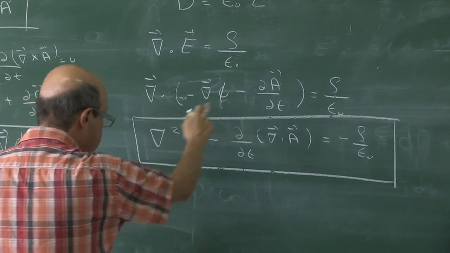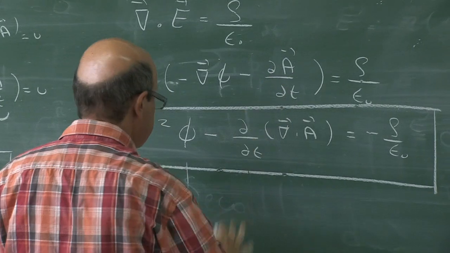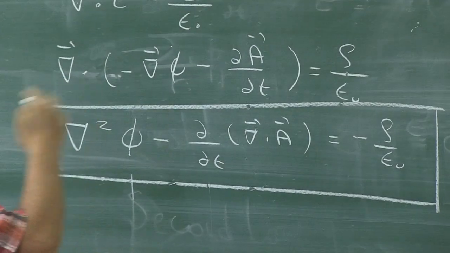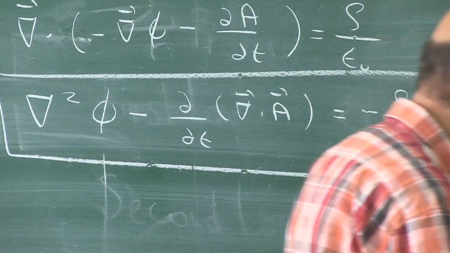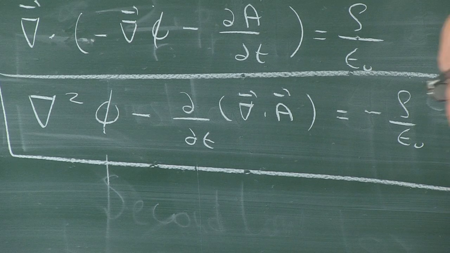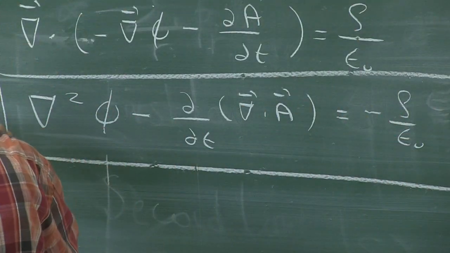This is the divergence of del A over del T, but del over del T and the divergence commute with each other. You obtain this. So let us keep this equation, maybe call it the first equation.